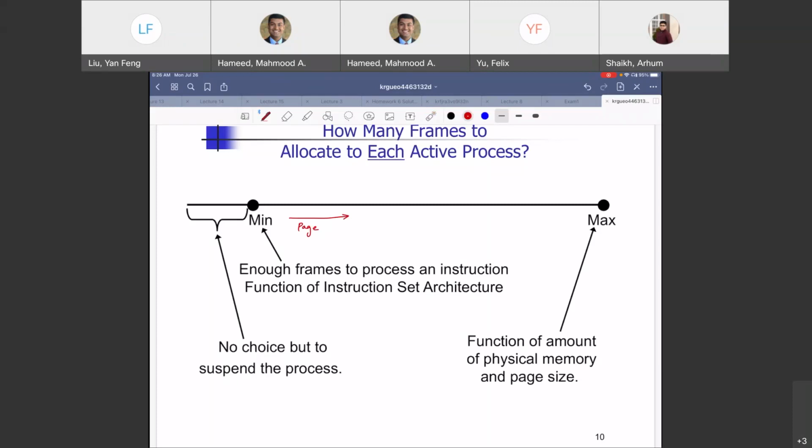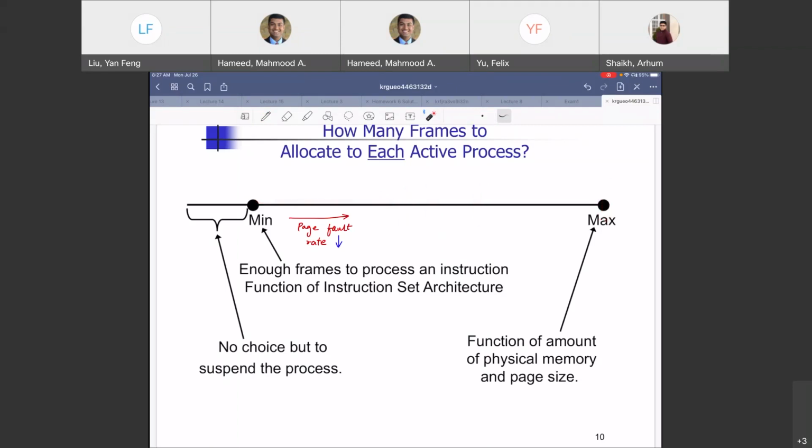It should go down, yes. Page fault rate goes down as you are increasing the number of frames allocated for a process. So that's good. But you could stop here, or here, or here, or you could go all the way over here.